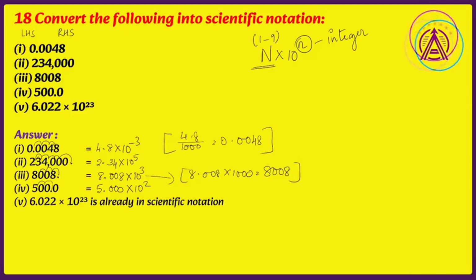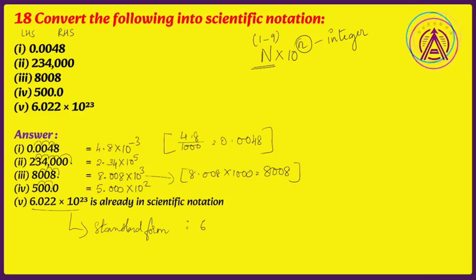6.022 into 10 power 23 is already in the form of a scientific notation. They can also ask you to represent it in standard form. So remember, since n is a positive integer, your decimal has moved towards the left. So what it basically means here is it is 6.022 into 10 followed by 23 zeros.